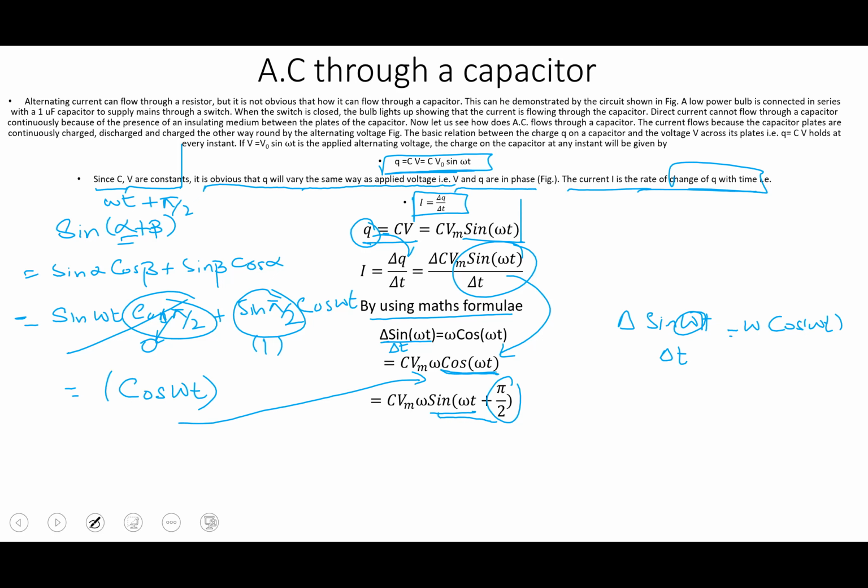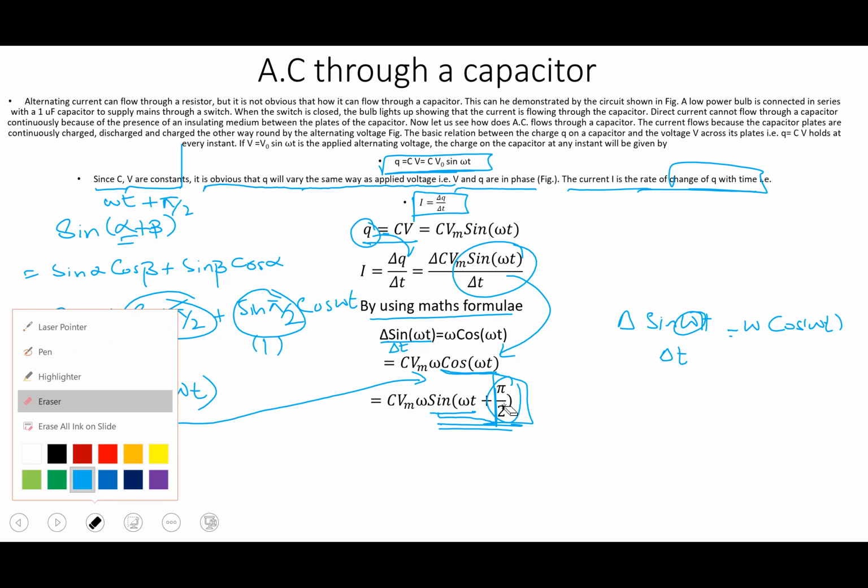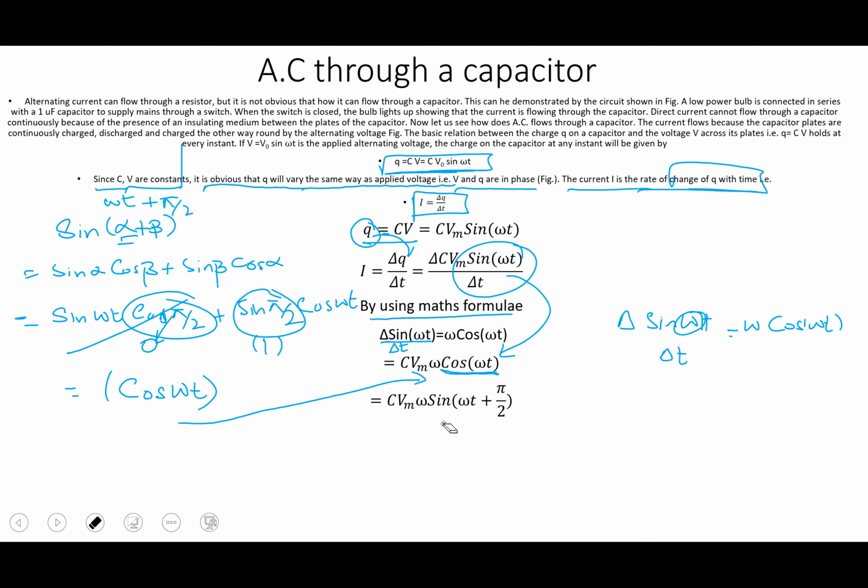And from this, we can see very clearly that in this case, current is leading by an angle of pi by 2, whereas the voltage is lagging behind by pi by 2, very simply, because as you can see over here, it is sine omega t only. But in the case of current, it is omega t plus pi by 2. That means it has an extra value of pi by 2, which means ahead of time.